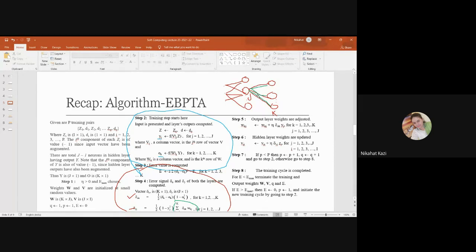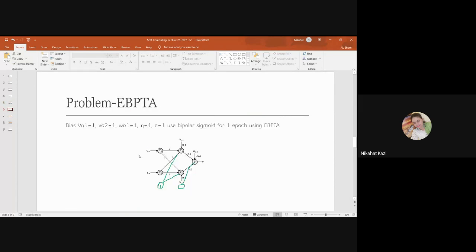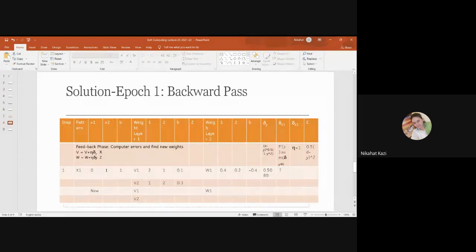Is this clear? Can you relate in this context? For this neuron, there's only one weight which is incoming from the output layer. So multiply it with the error signal for that output neuron. Okay. Similarly for this neuron.